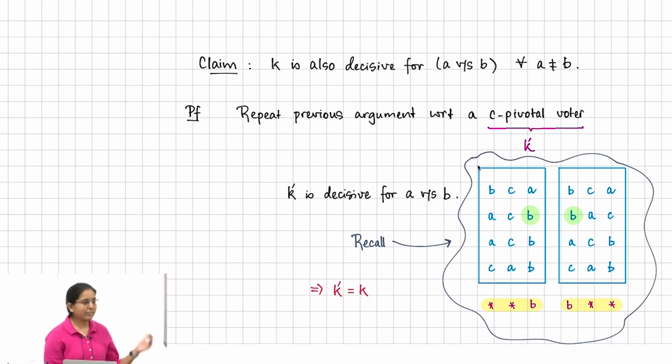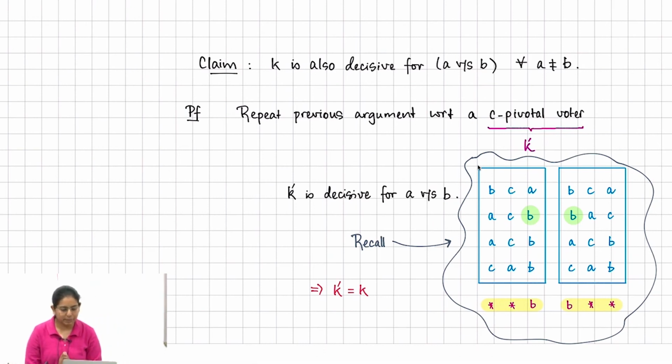So in particular, if the C pivotal voter was different from the B pivotal voter, then the C pivotal voter will fail on these profiles, because here the control is really coming from the B pivotal voter, right? And the C pivotal voter actually has the same preference for A and B, and she is not able to influence the outcome. The outcome is actually being controlled by the B pivotal voter.